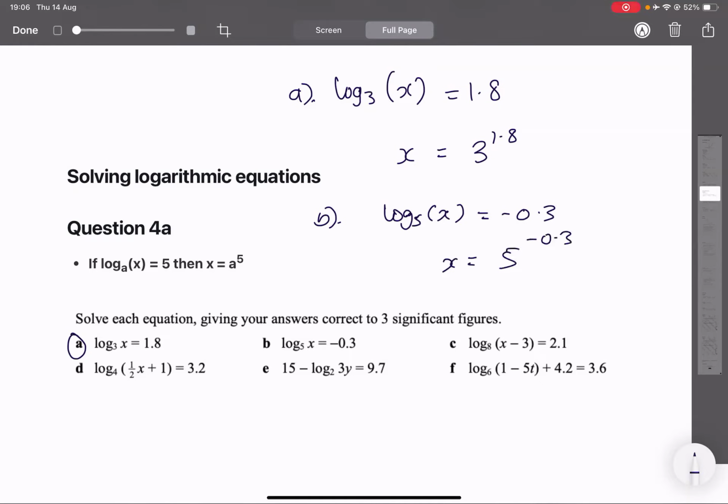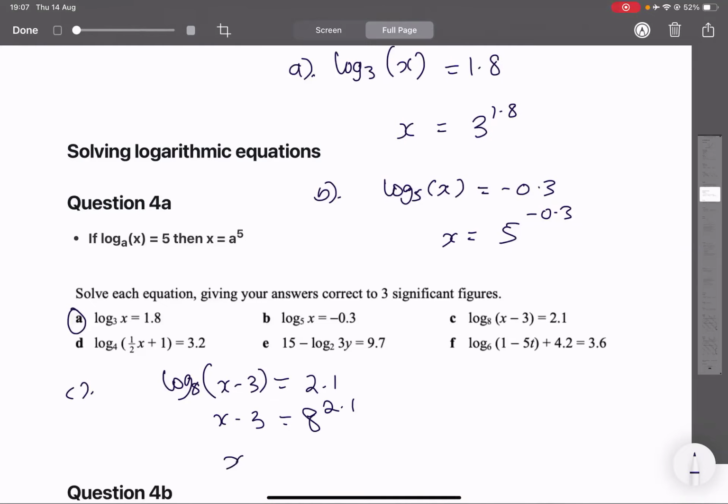And then for part C, how would you get x minus 3? How would you get rid of that log 8? You do 8 to the power of 2.1. Good. And then, of course, to actually get x, you're just going to add 3.